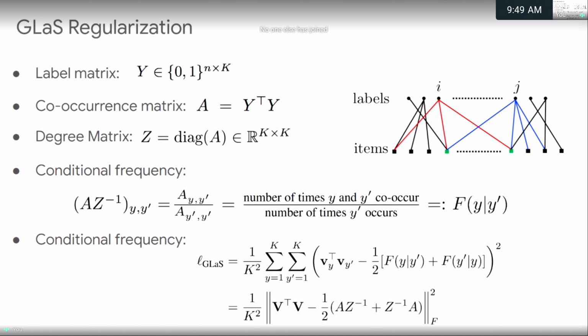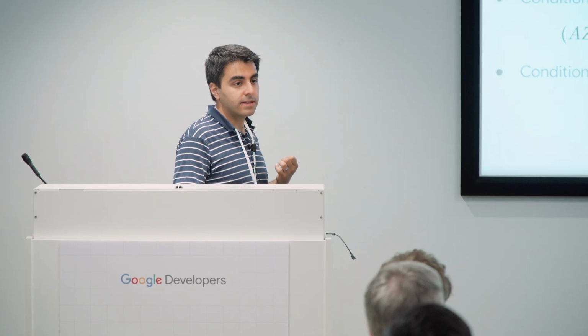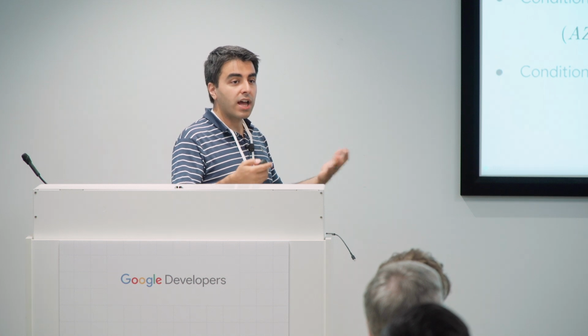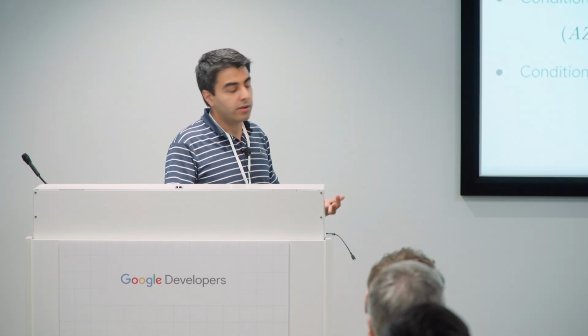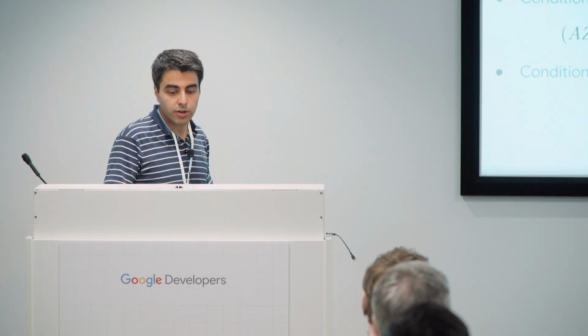Then we add this conditional frequency into this regularization, and this would be the final form of the regularization that we have. It's basically the average of the conditional frequency for y and y prime, which is a measure of showing how much these two labels are related to each other.